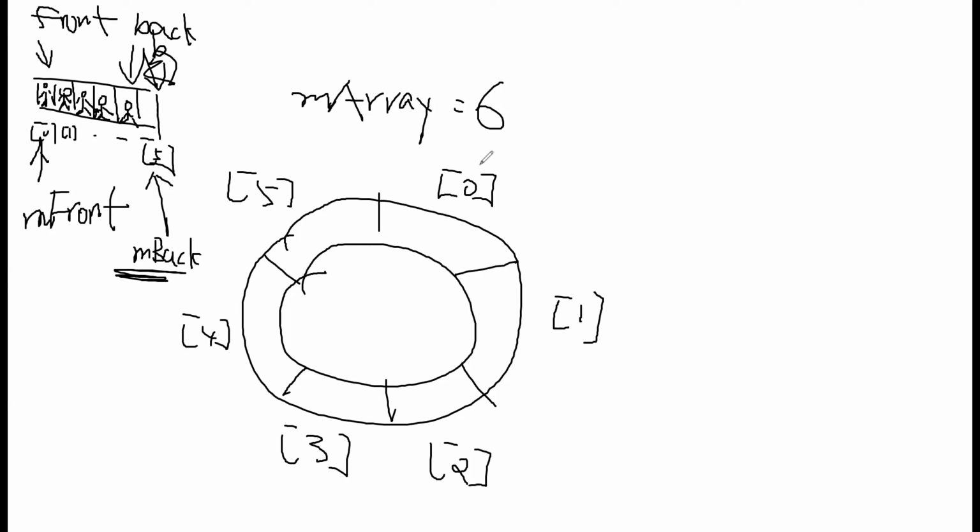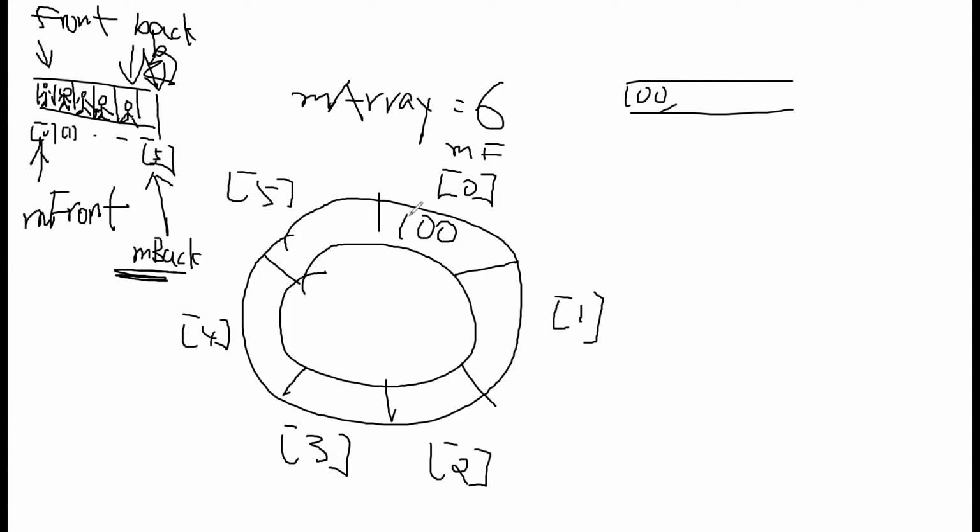And then let's see how we consider the circular array concept. Suppose we change it to integers. We first add 100, so I'm going to add it here, and the front index is at sub-0.